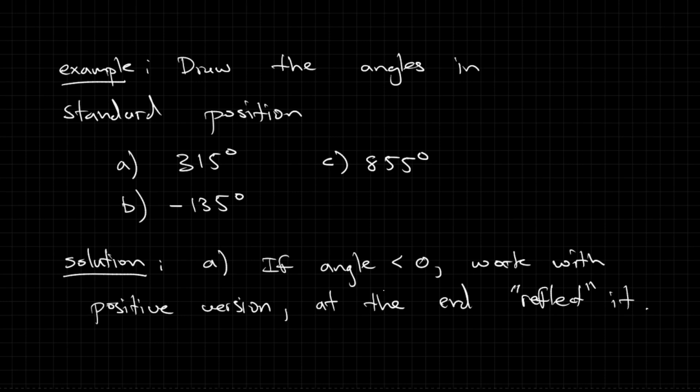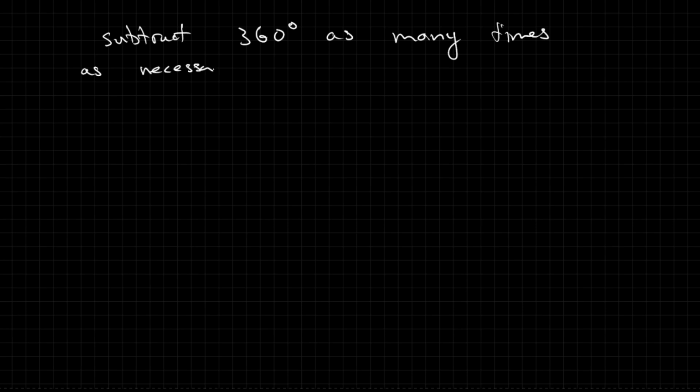After you do this, I advise taking your angle, and if it's bigger than 360 degrees, subtracting 360 degrees as many times as you need to end up with an angle between 0 and 360 degrees. So you'll subtract 360 degrees as many times as necessary until the angle is between 0 and 360.